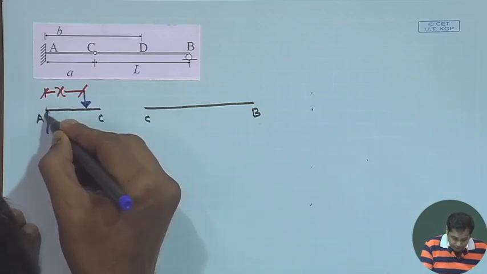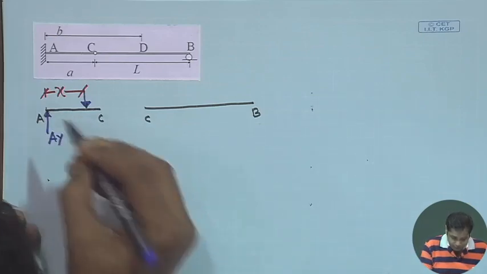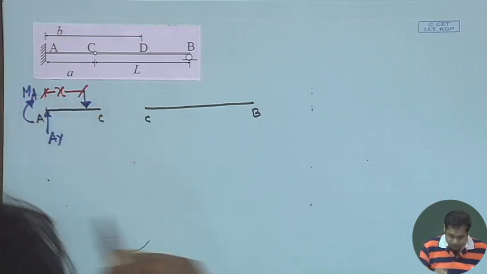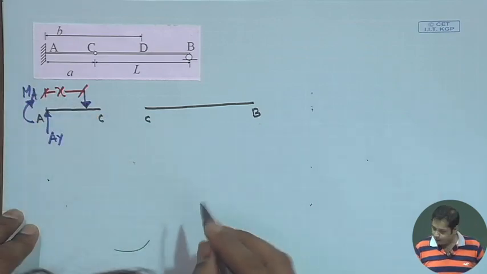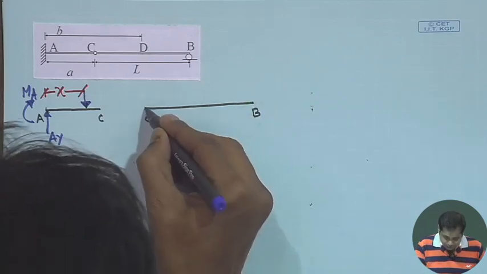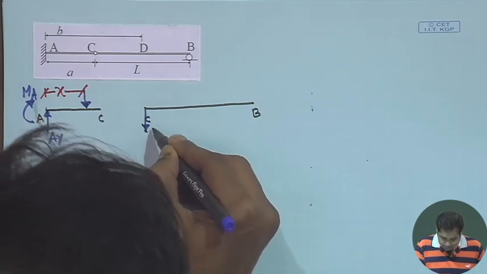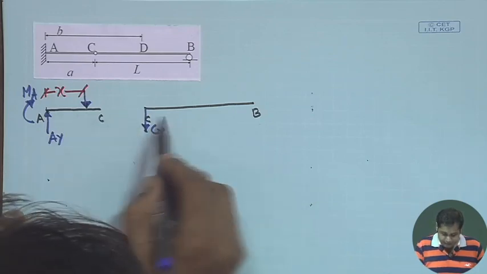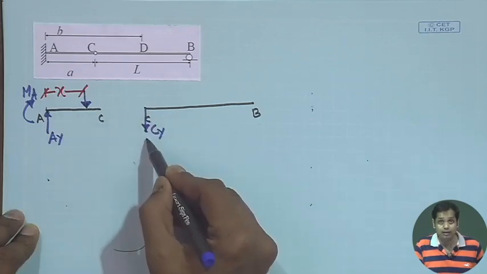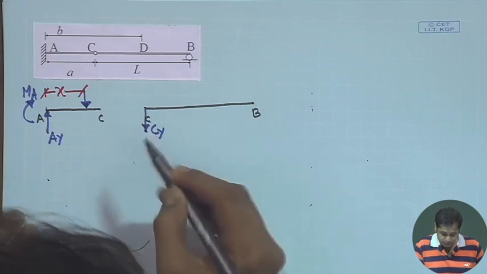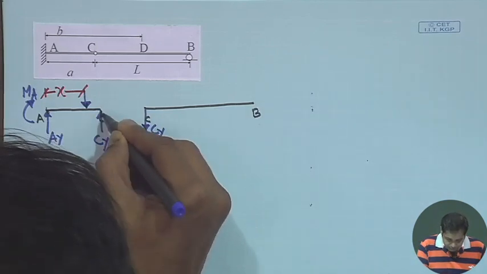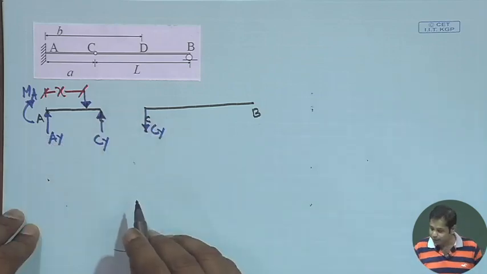We have AY and then the moment at A. Again, horizontal reactions we are not writing. Then this is CY, and since it is a hinge and CY is shown downward when it belongs to this part, it will be shown upward here, so that the hinge remains in equilibrium.